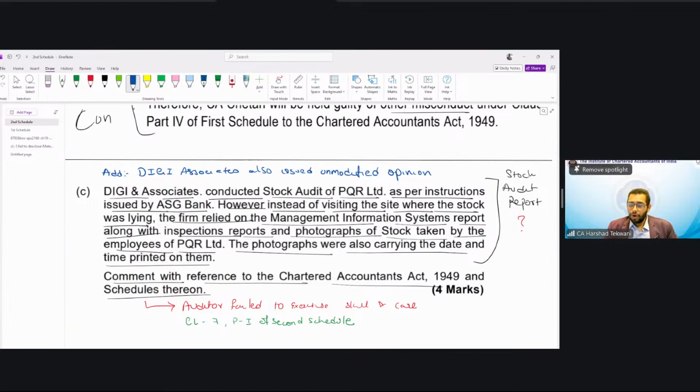They issued an unmodified opinion without disclosing this departure in their report.